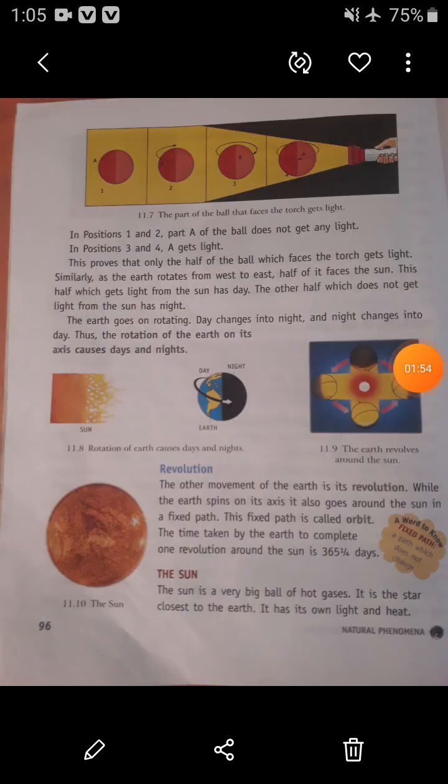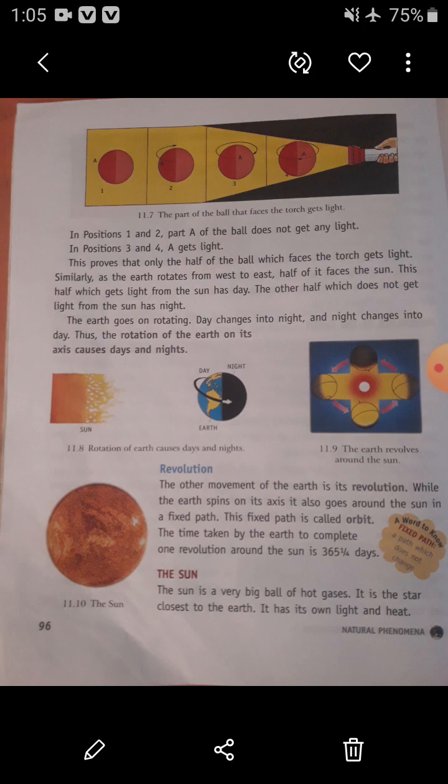So turn the page. Look at the given picture. The part of the ball that faces the torch gets light. So students, for doing the activity, in position 1 and 2, part A of the ball does not get any light.